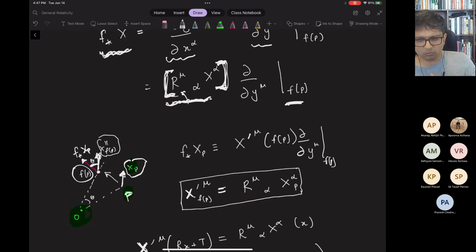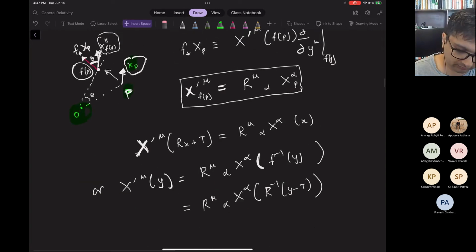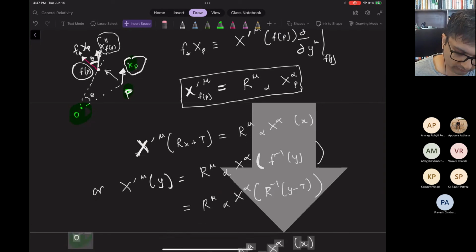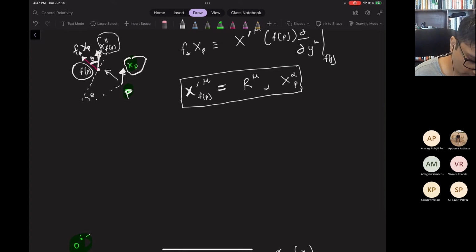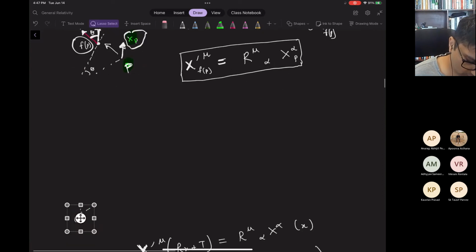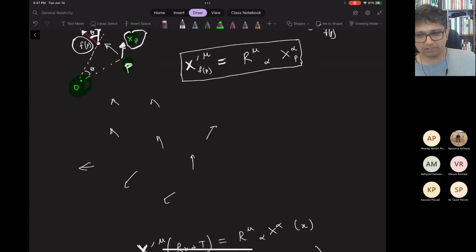If you think about what a rotation means, imagine that you have a bunch of vectors, a vector field like this. Now imagine a rotation.